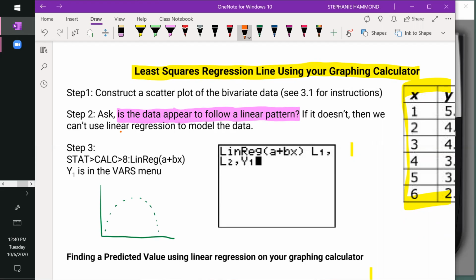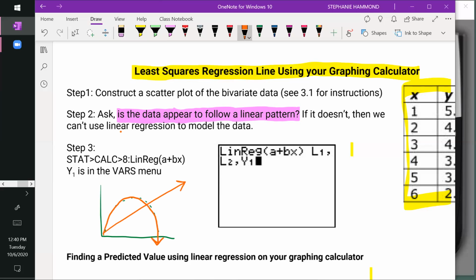If you were to ask your calculator to find the line of best fit for that scatter plot, your calculator is going to do it because it doesn't know any better. It'll say, oh yeah, sure, that's this. But that's obviously not going to give us good predictions for this data because this data follows a quadratic curve, not a linear curve.